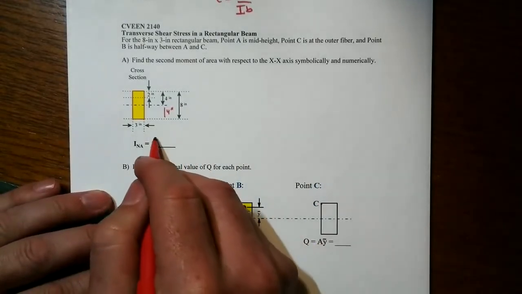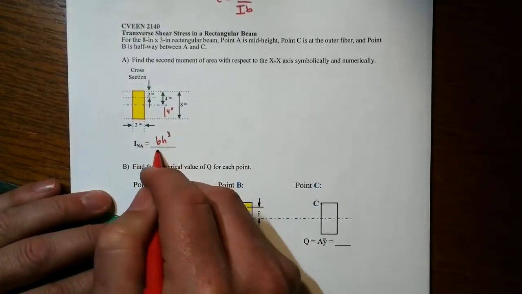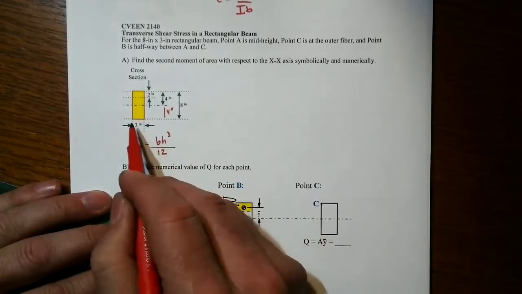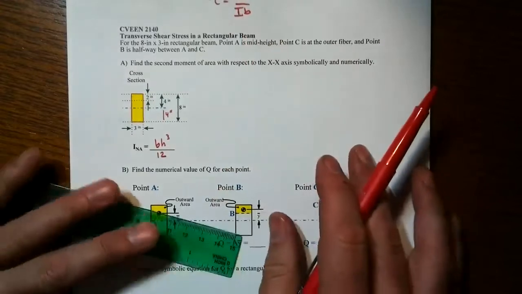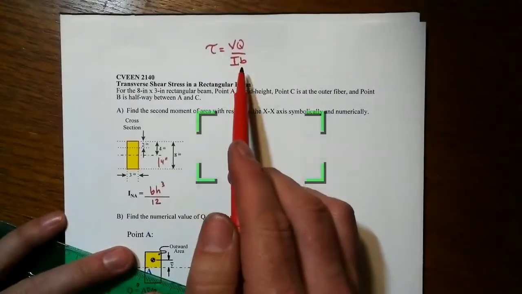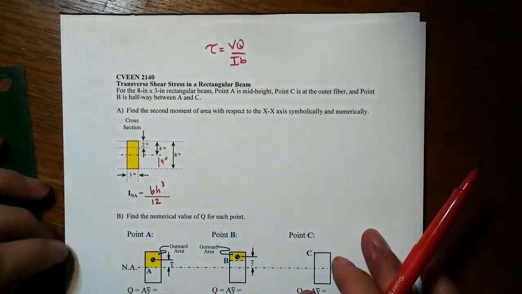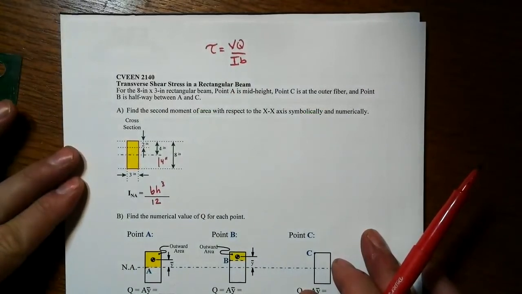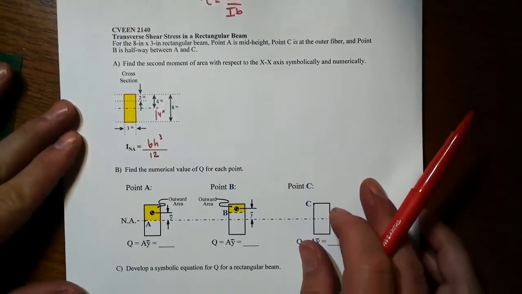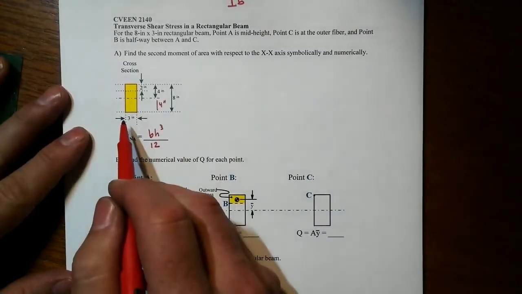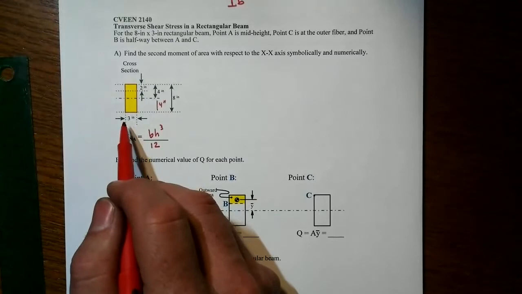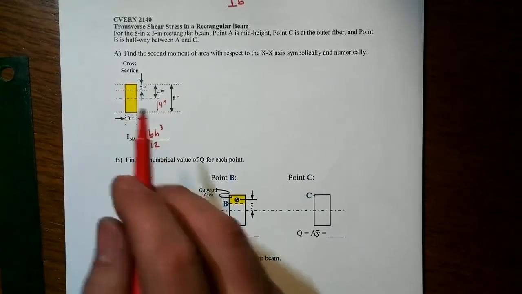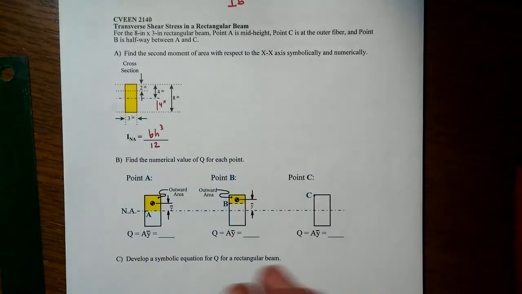And the formula we would use, of course, would be bh cubed over 12, where the b in this case is not necessarily the same b as in our model for tau equals VQ over Ib, right? I know that's confusing. You have to think about context here. In this case, it will be, but it's because everything is all the same. But in other examples, you'll see where that's not the situation. So just play along for a while and try to understand the big picture of what's going on, and then go back and look at the small details.